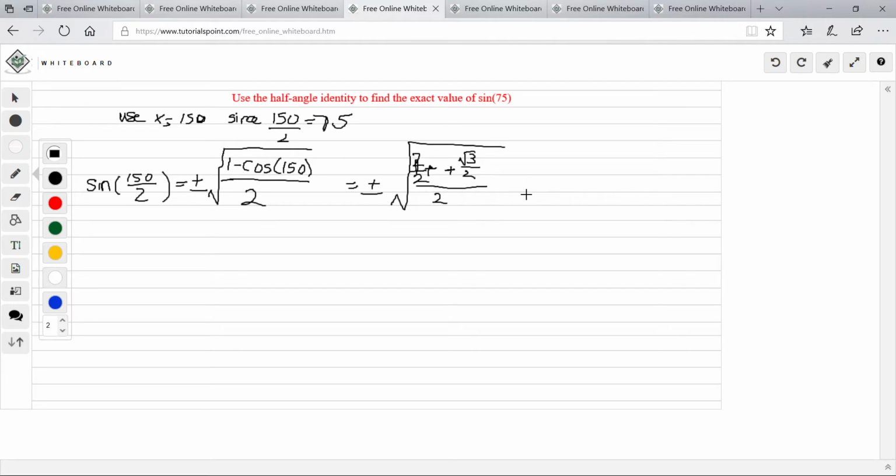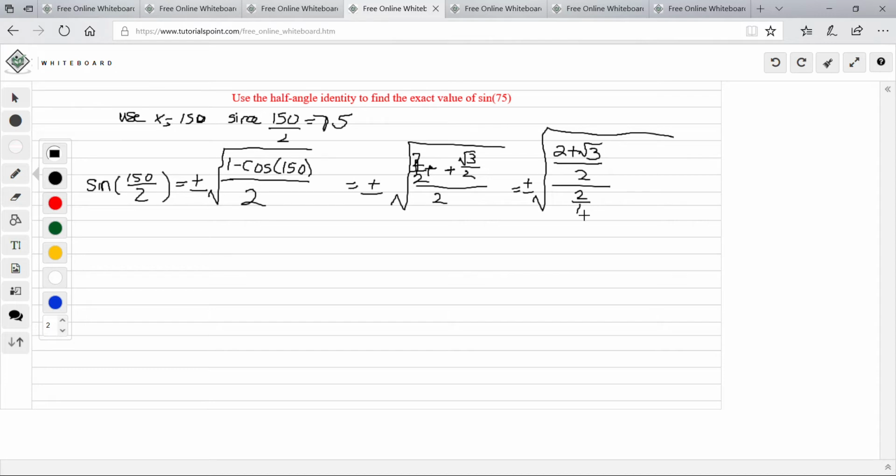So that simplifies as plus or minus 2 plus root 3 over 2 divided by 2.